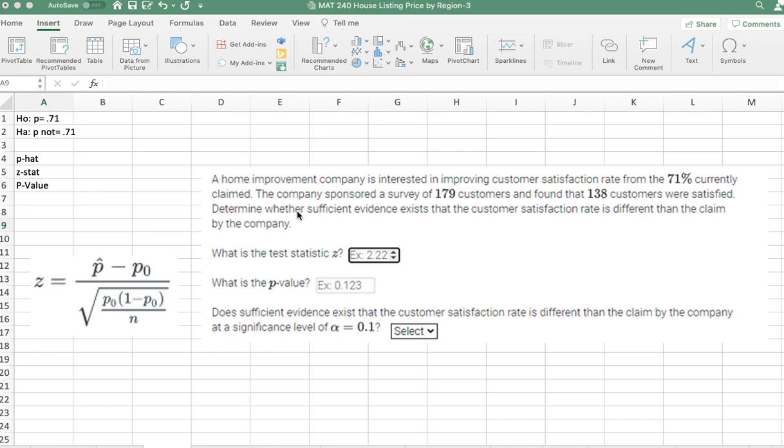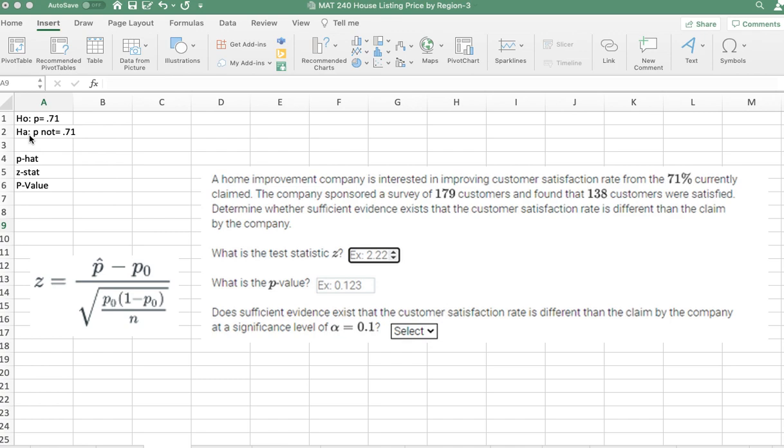So here, we know we're looking at population proportion. So we have P equals, this is the null hypothesis, and I converted the 71% to a decimal: P equals 0.71.